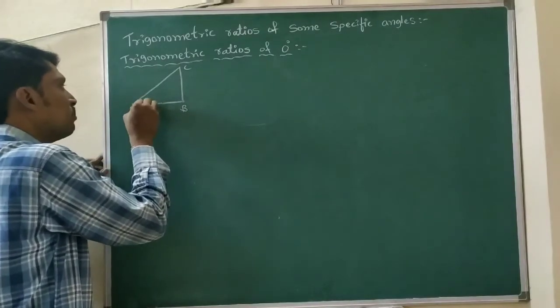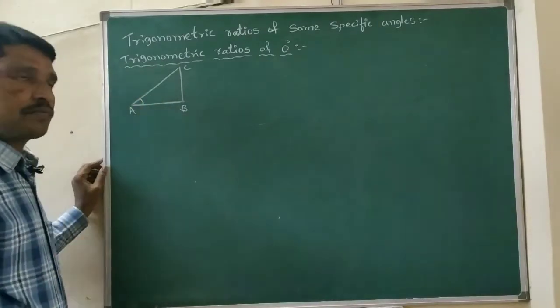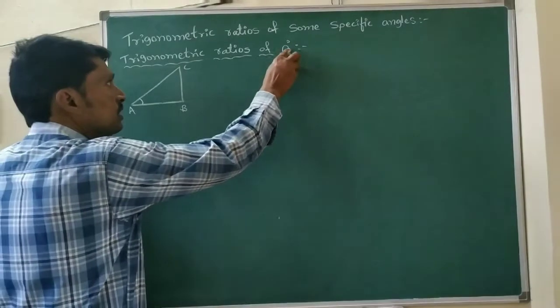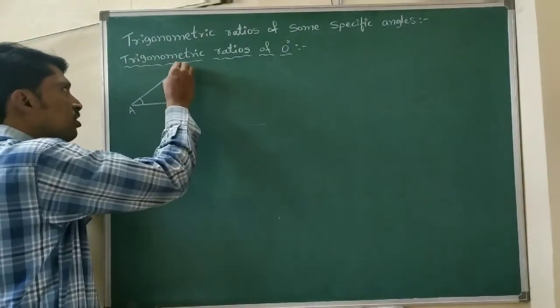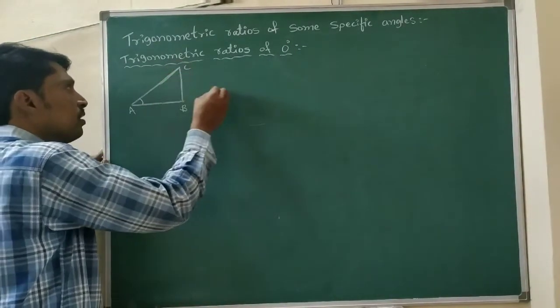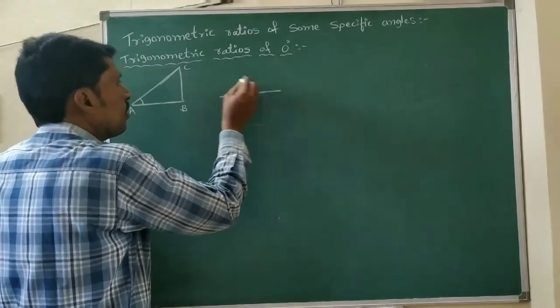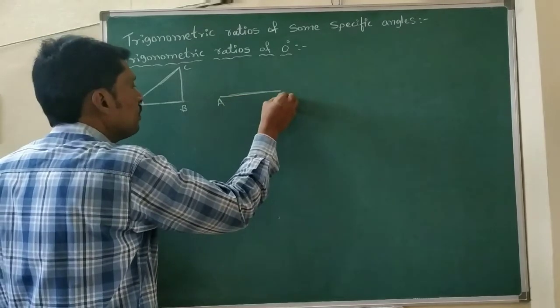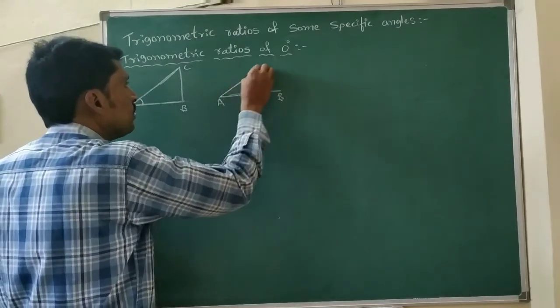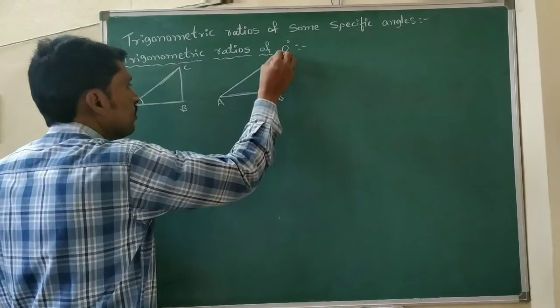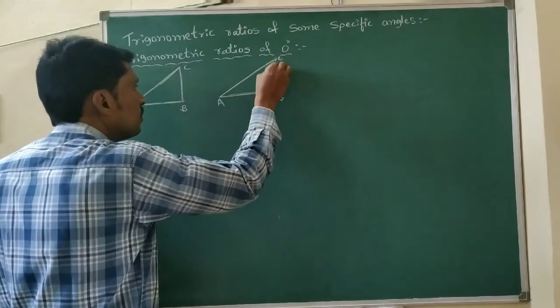This is the right angle triangle, with vertices A, B and C. Here I am taking the acute angle at A. How much do we need to take? 0 degrees. 0 degrees means this hypotenuse becomes like this. So actually we are getting C.